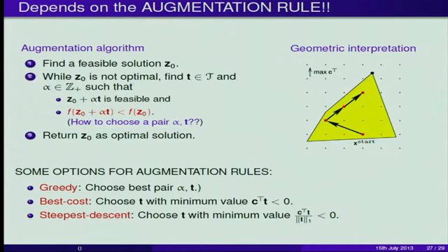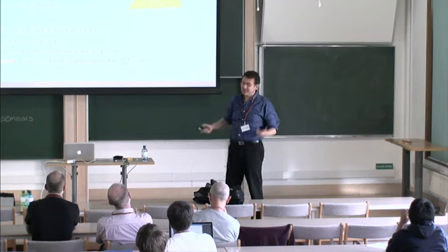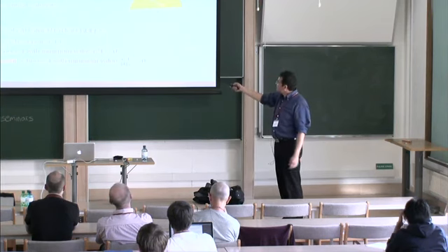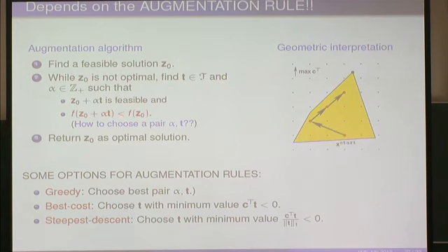There might be several ways, like in the simplex method, where you have pivot rules, how to choose the next pivot. For example, one very popular way is you can choose the best pair greedily, the one that gives you the most improvement. Another way: C represents the objective function in the linear case.